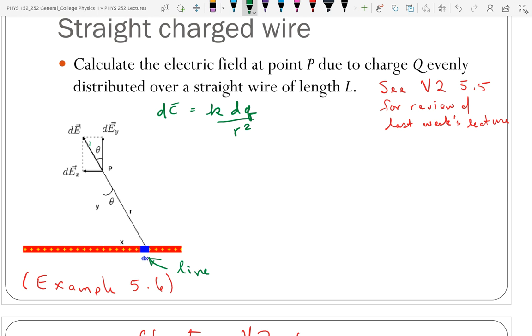Now, because we have a line element, dQ is equal to lambda dx. And so I put that in and I have dE. My d's are just horrendous.